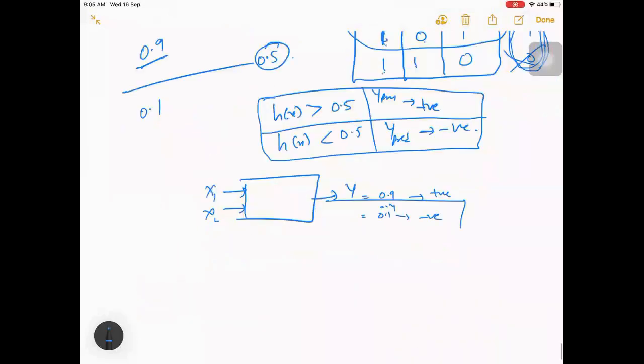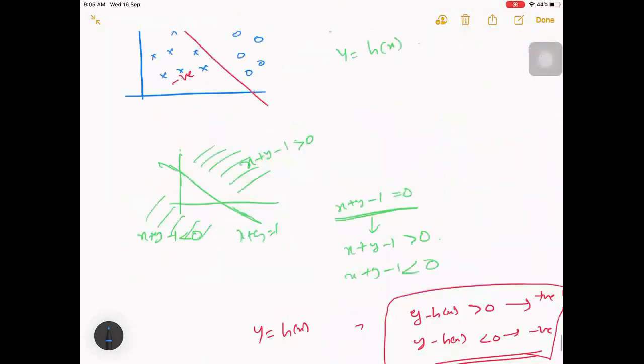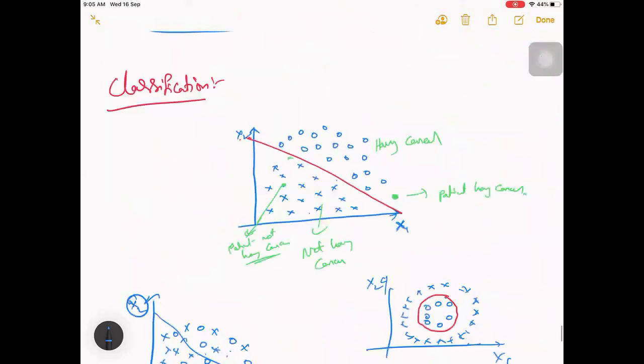So your value should be very confident. Your final decision boundary should be such that the model is confident in telling positive or negative. Take the example of your corona test, where we have the rapid test. If it is negative, we are not really sure it is really negative.